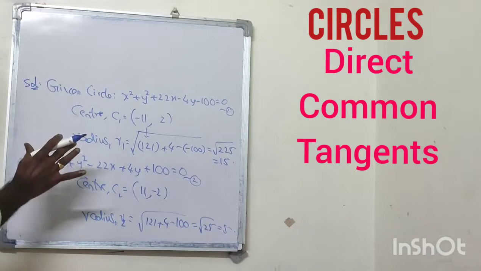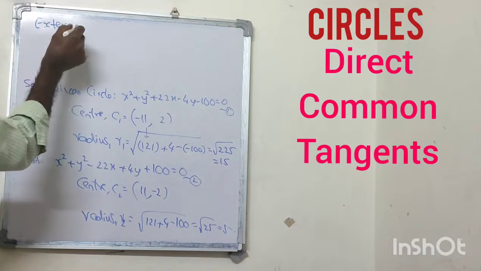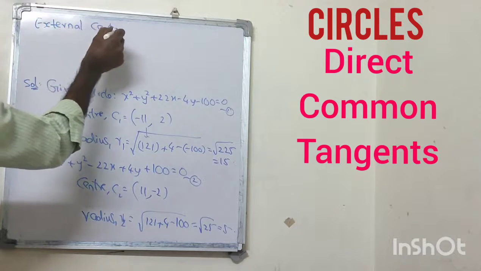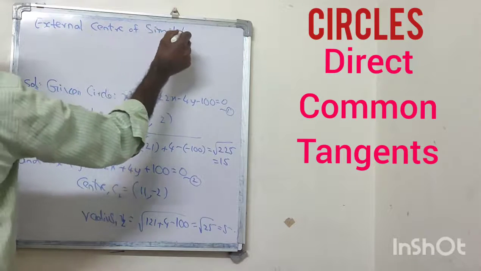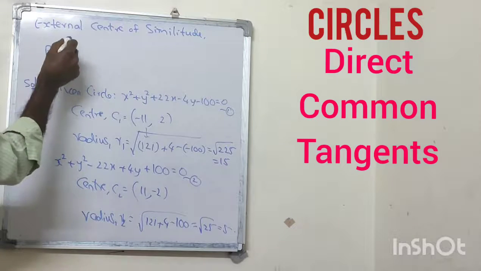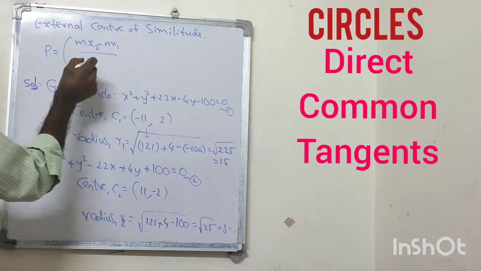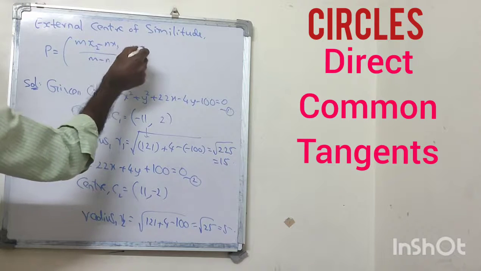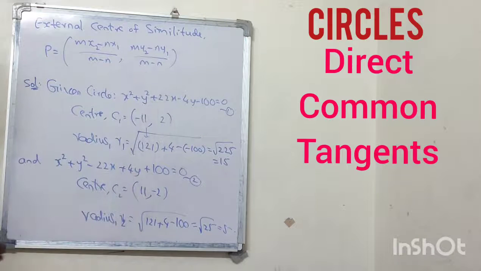Now we have to find the external center of similitude, whose formula we derive as mx2 minus nx1 by m minus n, comma, my2 minus ny1 by m minus n. We can write it in terms of r1 x2 minus r2 x1 like that also.